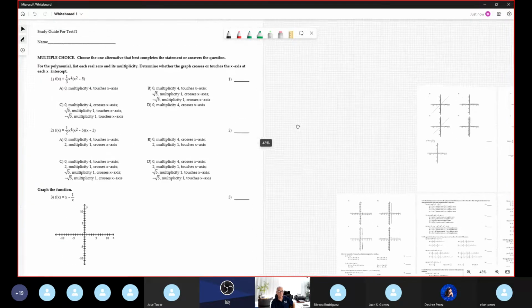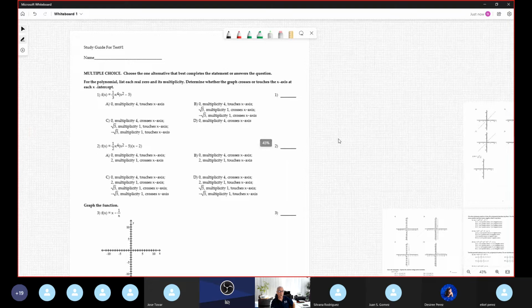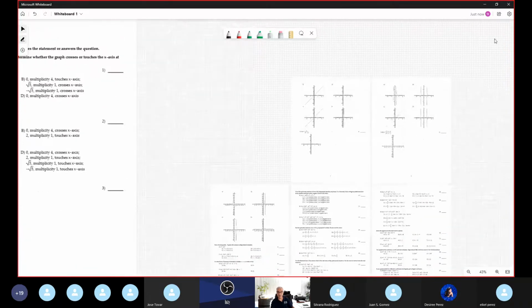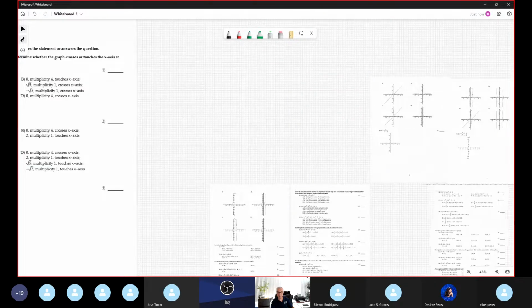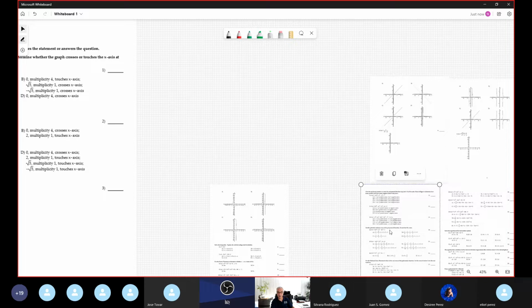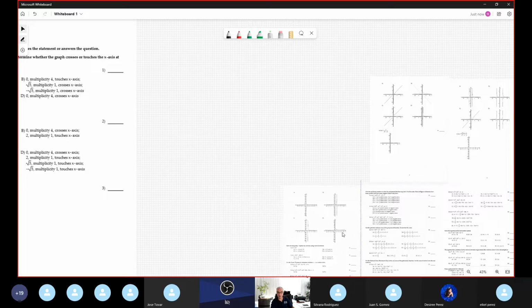Question 1 says, for the polynomial, listing each real zero and its multiplicity, determine whether the graph crosses or touches the x-axis. Remember, guys, let me put that part separately because I don't want it to get confusing.